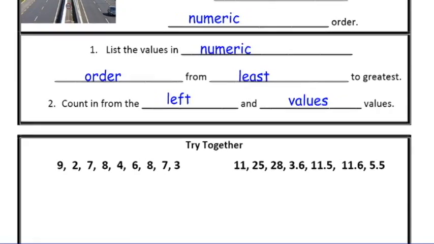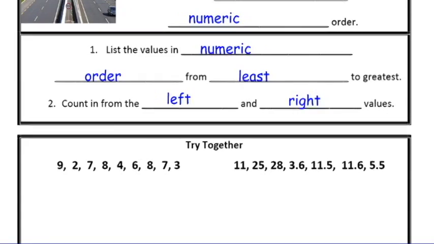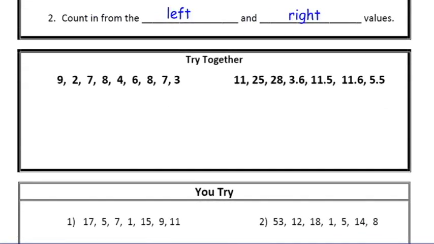Let's put these numbers in order, find the median. Smallest number is 2. Again, I have all single digits, so it's a little easier. 2. 3 would come next if I was counting. 4. I don't see 5, but I see 6. I'm just kind of scanning.